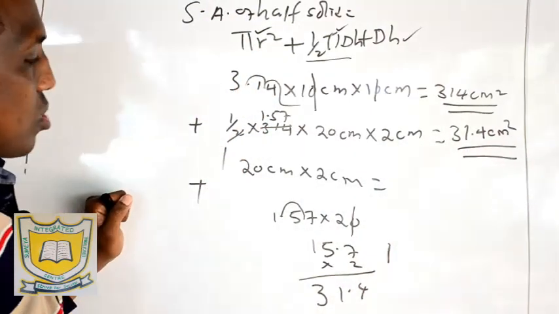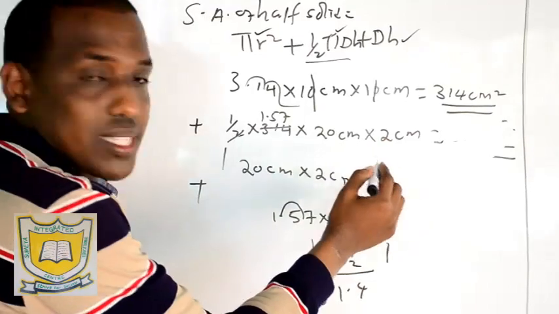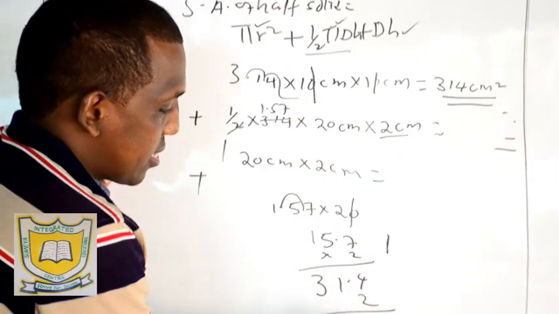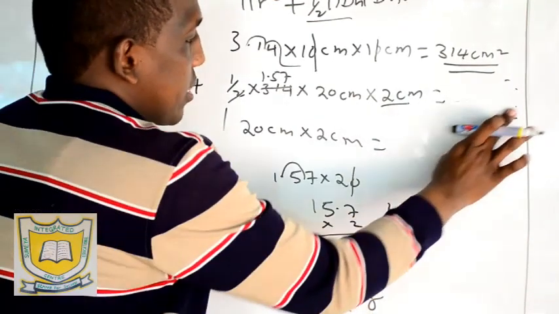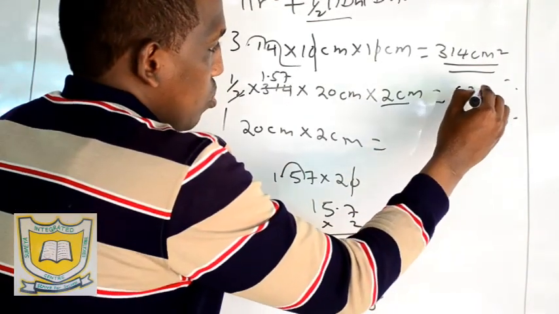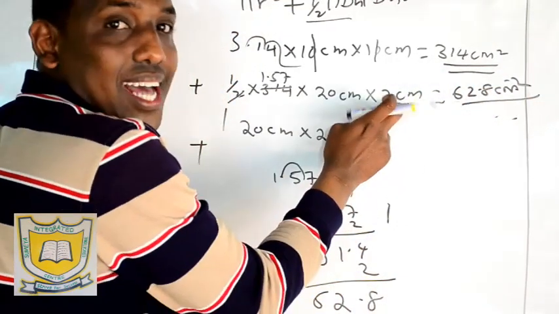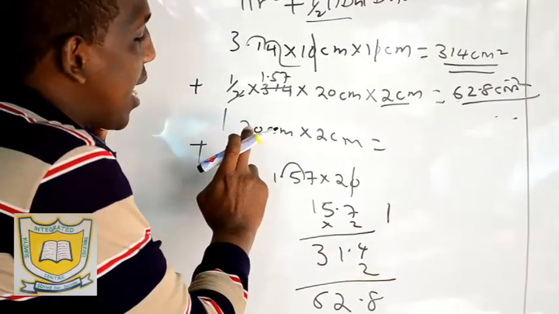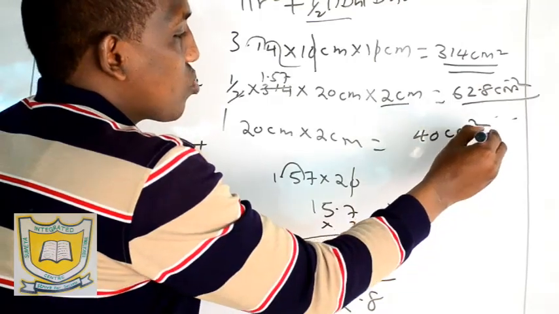Sorry, now times the height, times 2, so you will get 62.8 centimeter squared. Where is this 2 from? It's the height. Then dh, diameter and height, 20 times 2, you will get 40 centimeter squared.